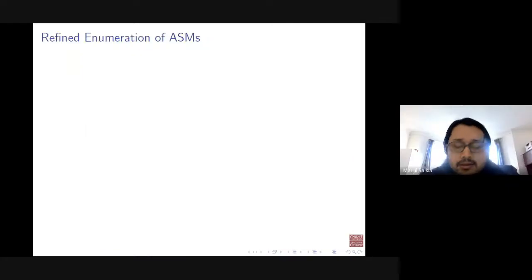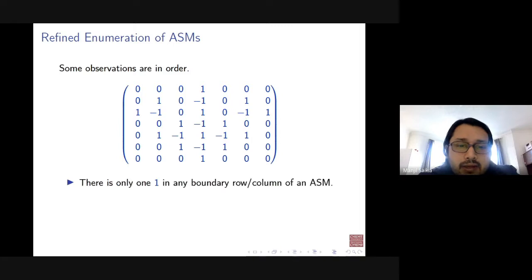Okay, so let's go into the refined enumeration of ASMs. I already mentioned this first observation. Here I have a bigger ASM, which is now a 7 times 7 ASM. I have already mentioned that there is only one 1 in the boundary row and column of an ASM.